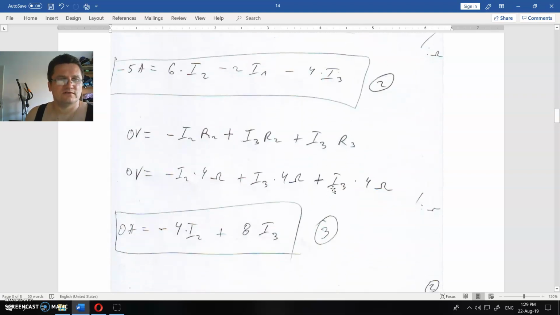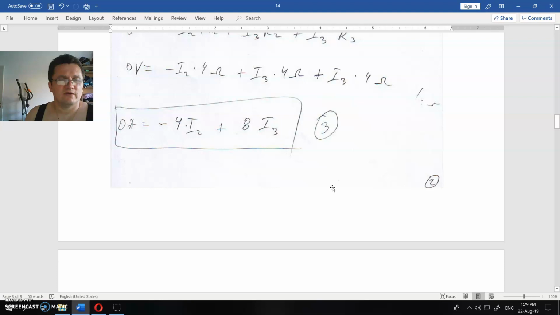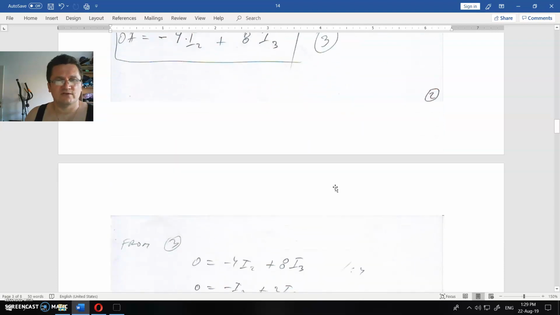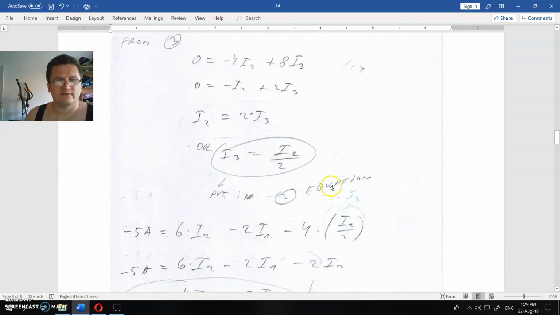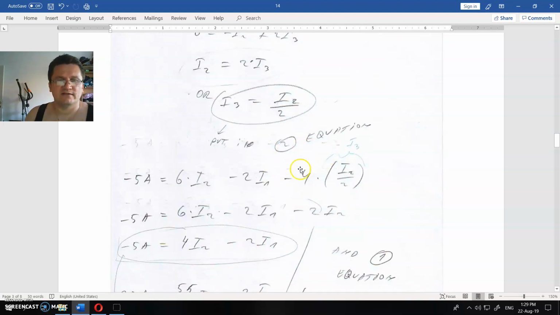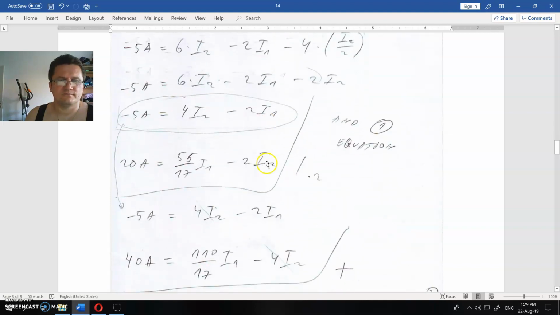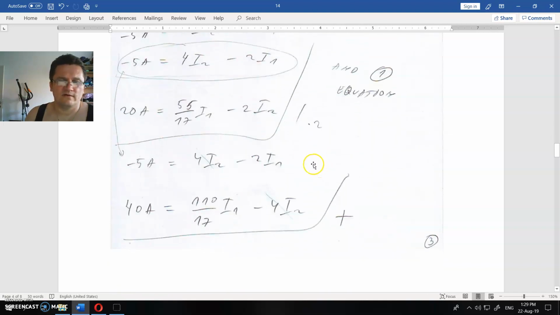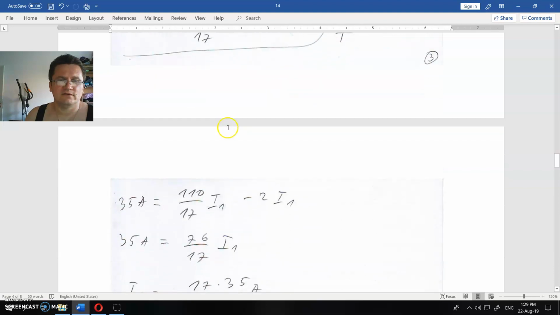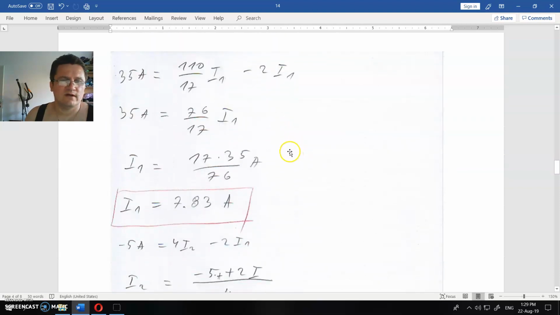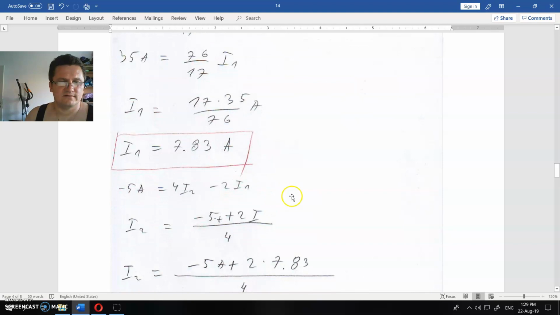We have three unknown quantities and three equations, so we solve that. From the equations, we have the relation between E3 and E2, that E3 is exactly half of E2. Now put that in the second equation. We sort it out and find the first current.